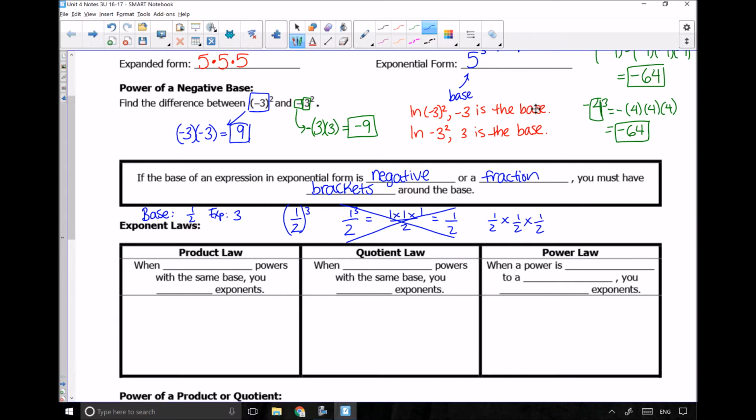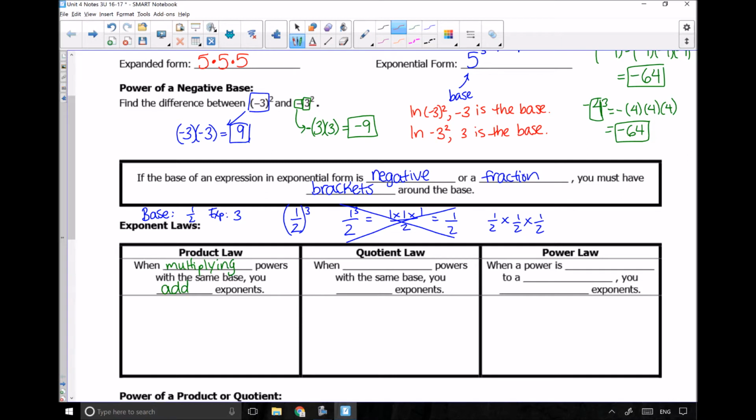Okay? So let's do a review of our exponent laws from grade 9 math. So when multiplying powers with the same base, you need to add the exponents.